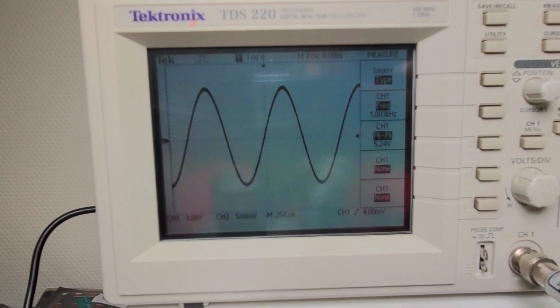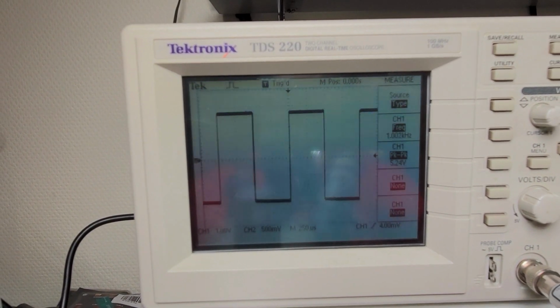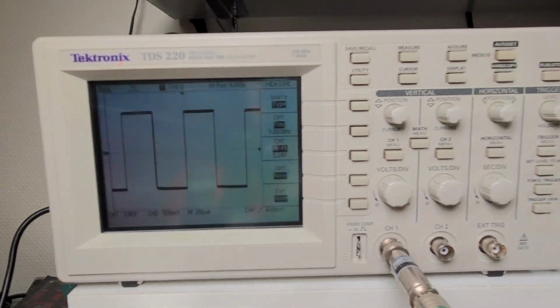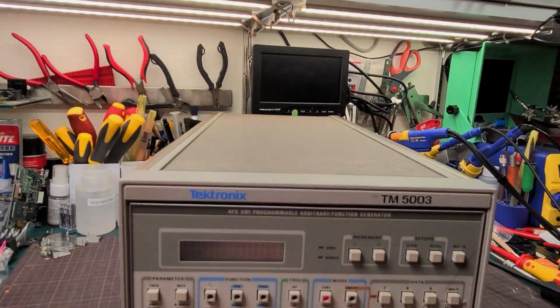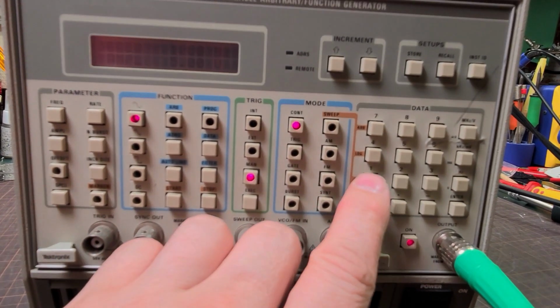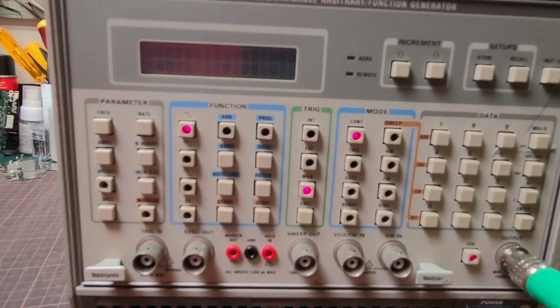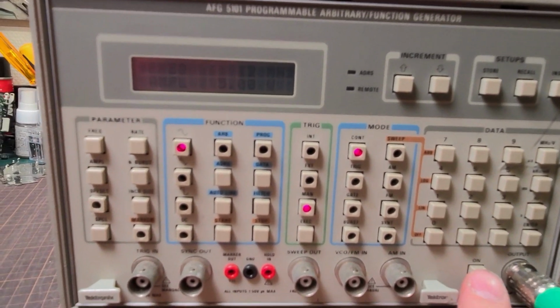Now let's flick that over to triangle. That's the same. And square. Nice. Now, I want to try that at, what do we got? Sine wave, let's say 12 megahertz. Enter.